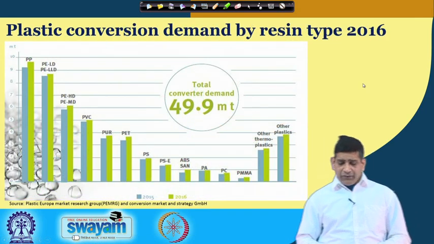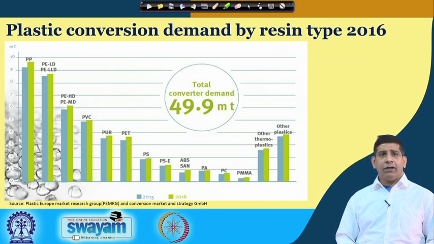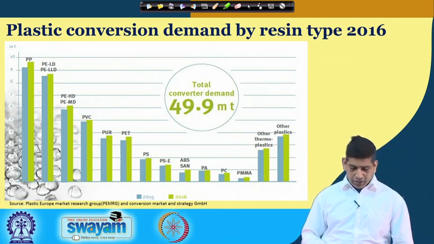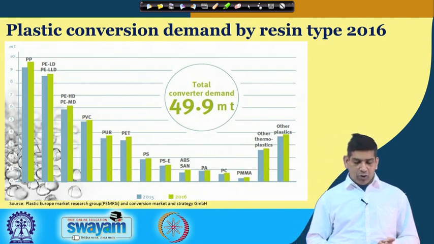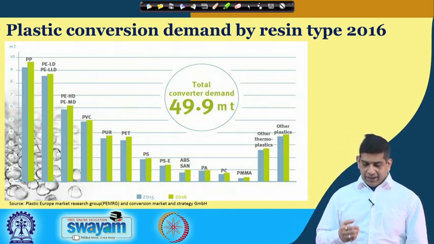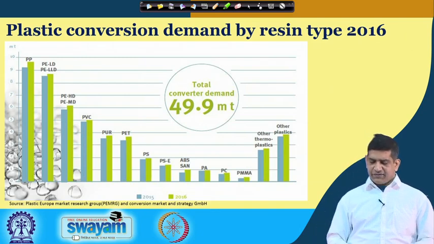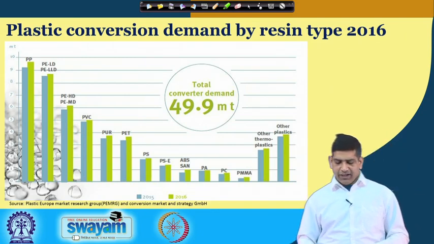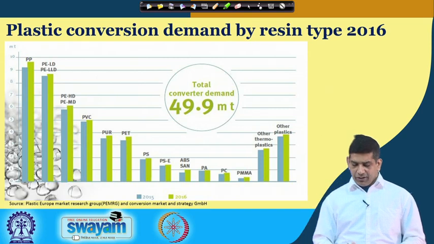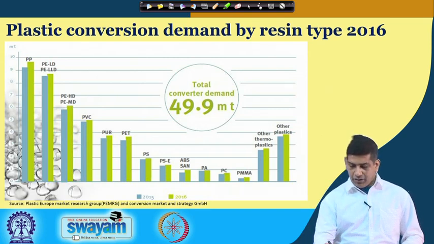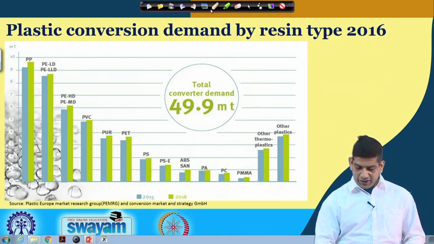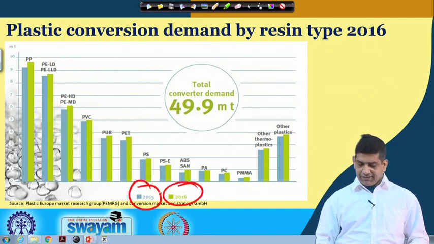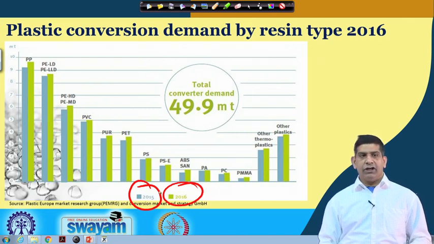If you look at it in terms of resin type, we have around 49.9 metric tons, where we have polypropylene, polyethylene, high density, medium density, PVC, PET, polystyrene, ABS. As you can see from these two columns, the data from 2015 and 2016, 2016 is the slightly greenish color, and 2015 is that light blue color.